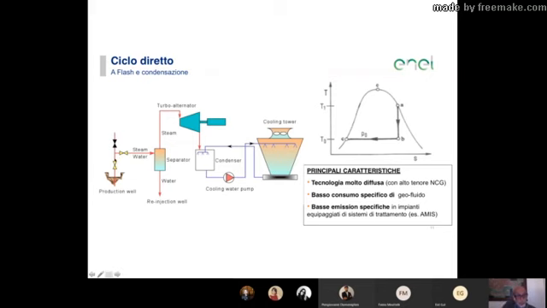So again, out of the well or out of many wells, you have a separator, and the water goes through injection and the steam is brought to the turbine. Now, at the back of the turbine, you have a condenser, which is the one you see here.